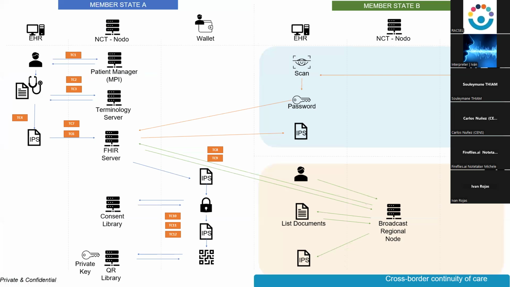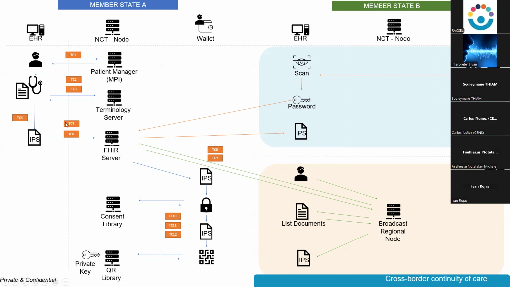So globally, this is how it looks like. If we divide the test cases in the diagram provided by Carlos, Pablo, and Fernando, the test case 1, you can find it here between your system and the Gazelle MPI. The TC2, TC3 between your system and the terminology server. TC4, you need to create the valid IPS document and test that document in Gazelle.